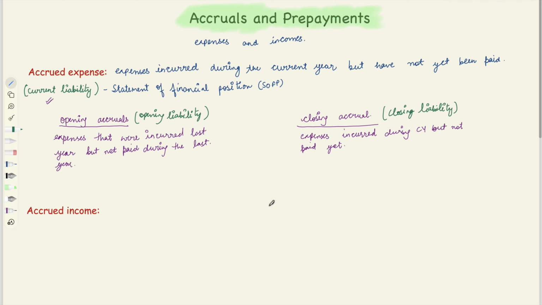My statement of profit or loss includes the balances which belong to the current year. What does the statement of profit or loss say? It says that balances which belong to the current year should only be included.